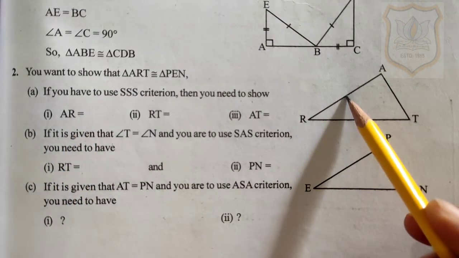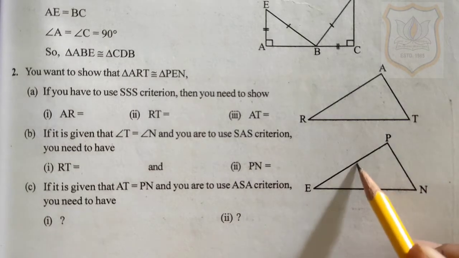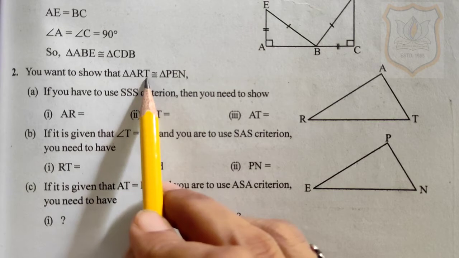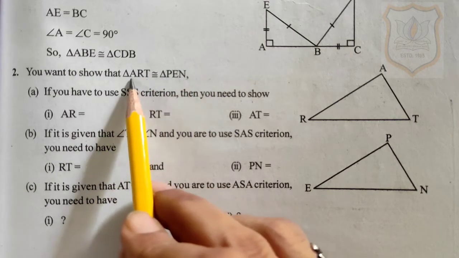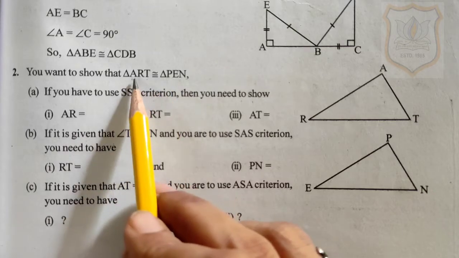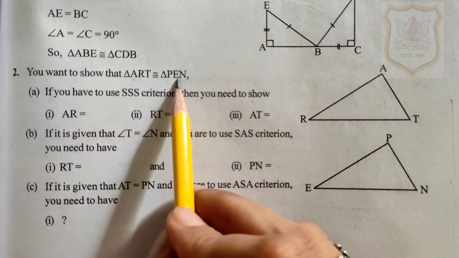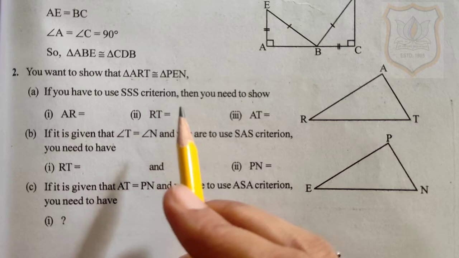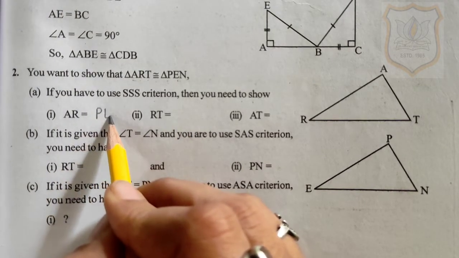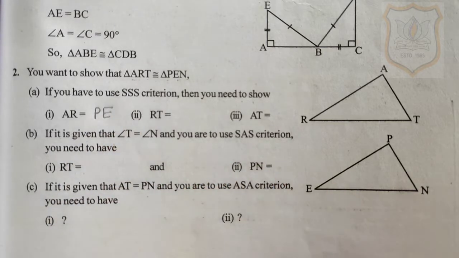This AR side is equal to side PE, as it is given in the question also that ART is congruent to PEN, and if we are using ART first, then the side equal to AR will be PE. So here we will write PE. So side AR and side PE are equal.